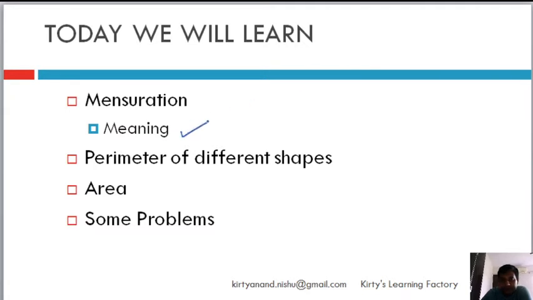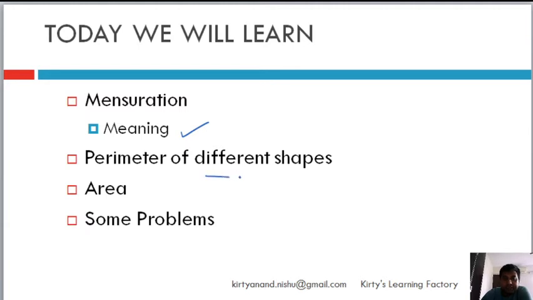Sometimes the names of topics are such that we get overwhelmed by them as students. मतलब हम लोगों को लगता है कि कुछ बड़ा सा नाम है. Mensuration का मीनिंग होता है to measure, that's it, right? So that's the pure-play meaning of it.